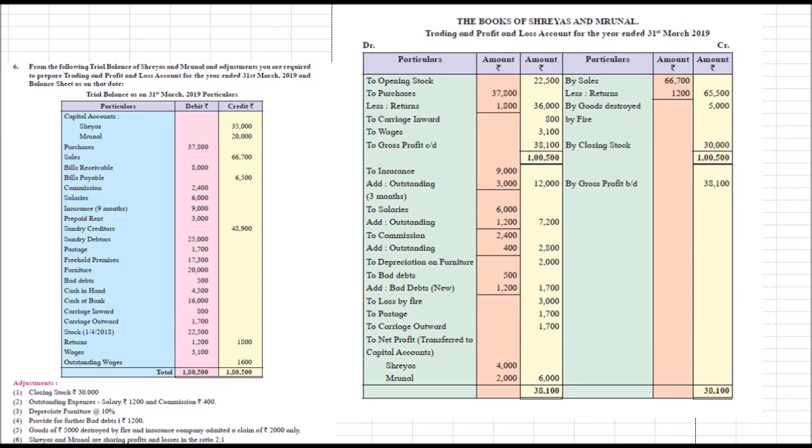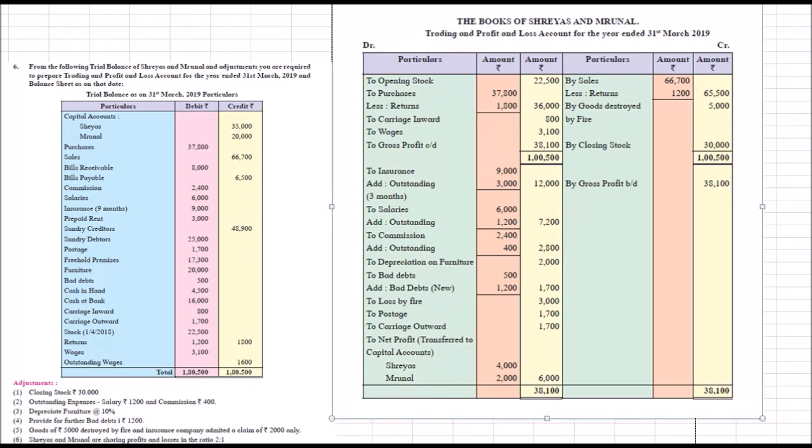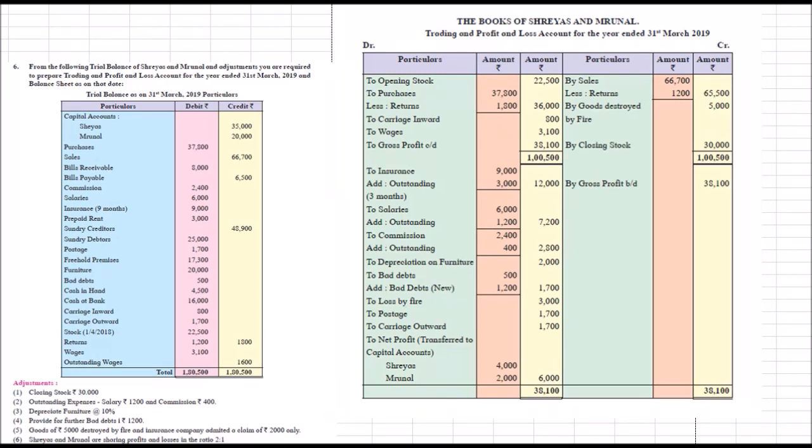In the trading account, mainly we start with the opening stock, then closing stock, then sales and sales returns and purchase returns, and calculate the gross profit, passing the other entries.